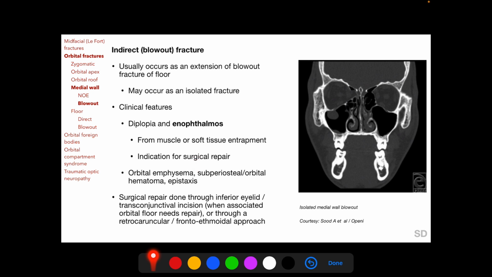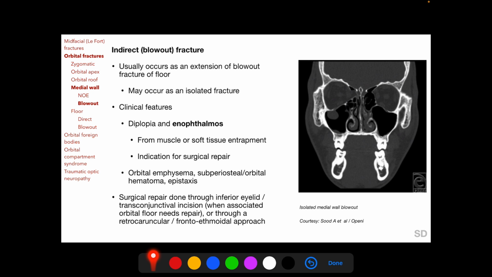In this CT scan, we see prolapse of the orbital contents through the fractured medial orbital wall into the ethmoid sinus. Other signs which may be found in blowout fractures of the medial orbital wall include orbital emphysema, subperiosteal or orbital hematoma, and epistaxis, which are also found with direct or NOE medial orbital wall fractures.